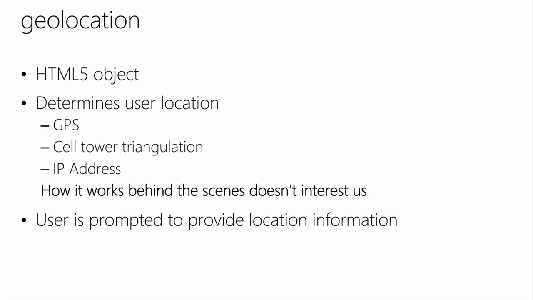Now, the thing about the geolocation object is it's going to show you the user location. Now, it is an HTML5 object. Now, you know, I have the ability to create code that will query a database. But you know what I don't know?